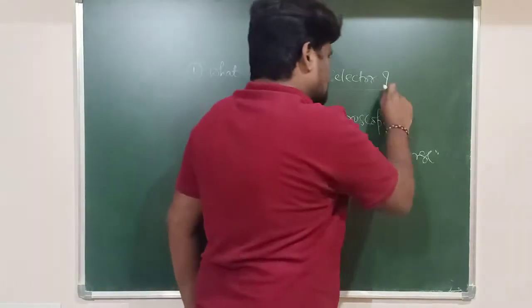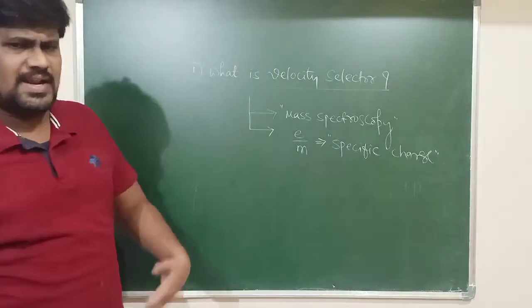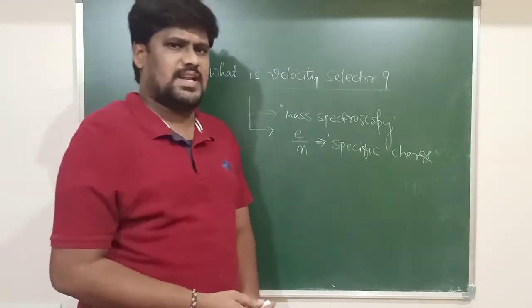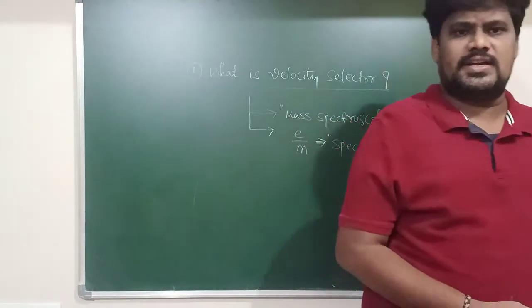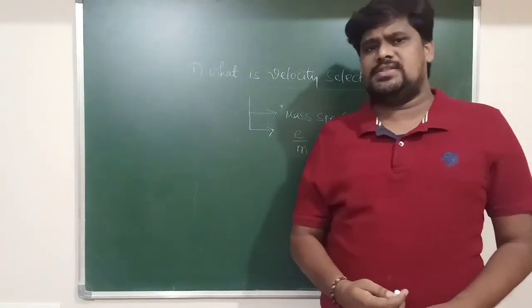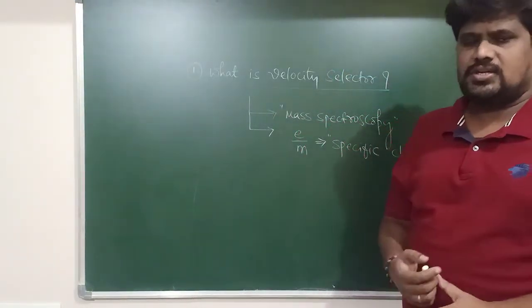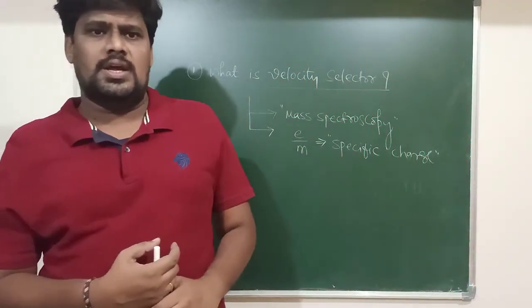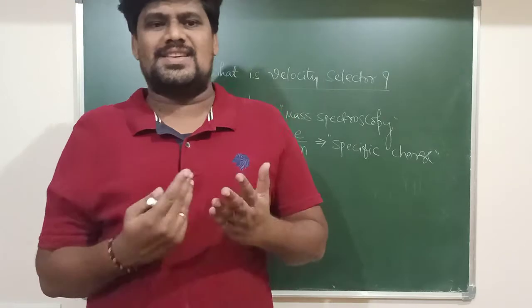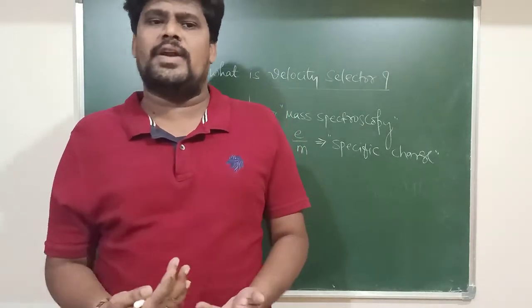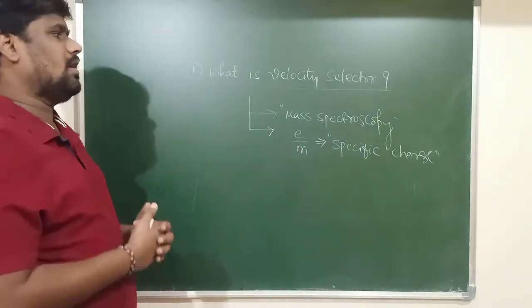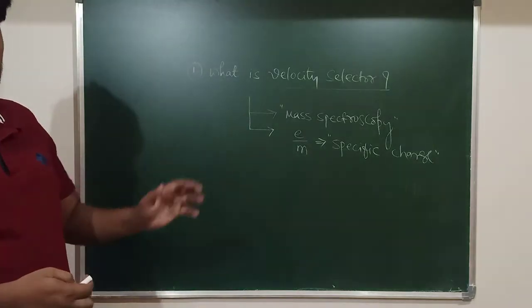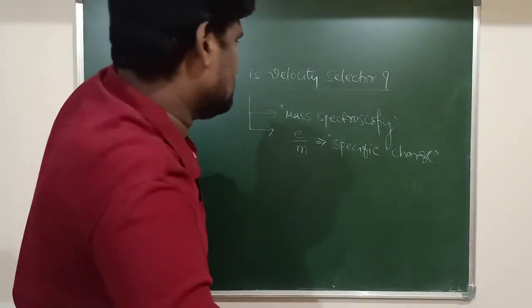So first focus on the definition of the velocity selector. What is velocity selector? It is a device used to select charged particles of particular velocity out of charged particles of different velocity. That particular device we call a velocity selector.